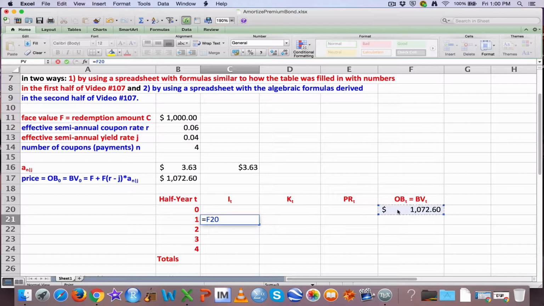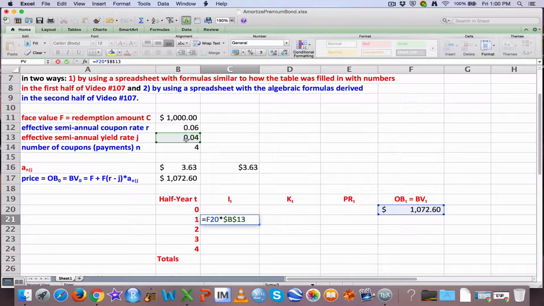For example, in C22, I would want that to be an F21. I want to multiply that times the semi-annual yield rate from cell B13, but that cell reference should not get changed as I copy and paste down. So I don't type a B13, I do $B$13 instead to keep that fixed.